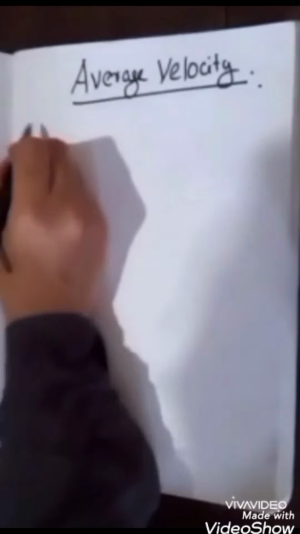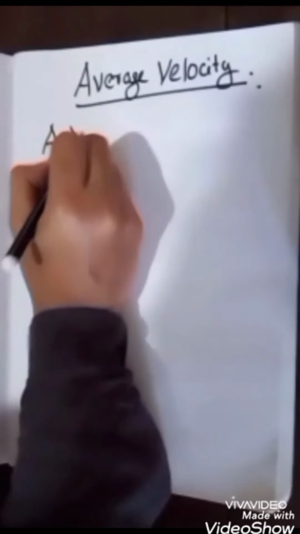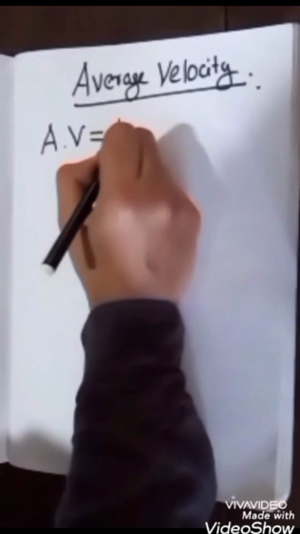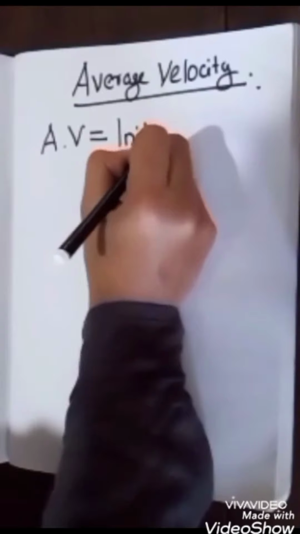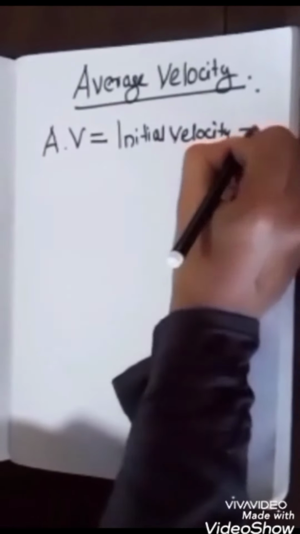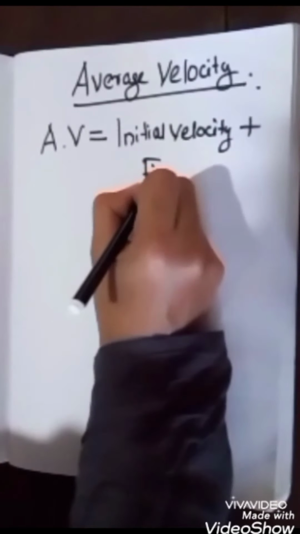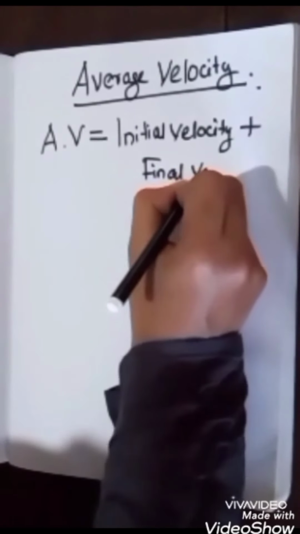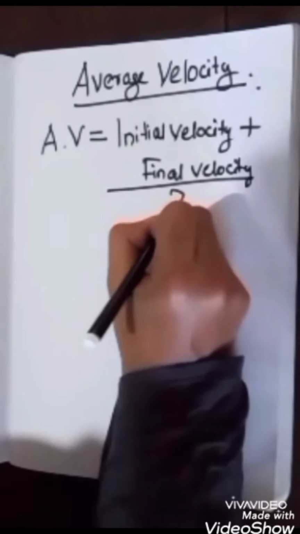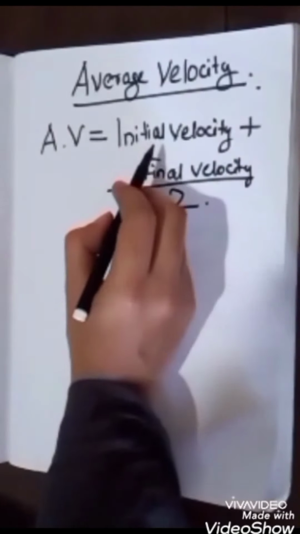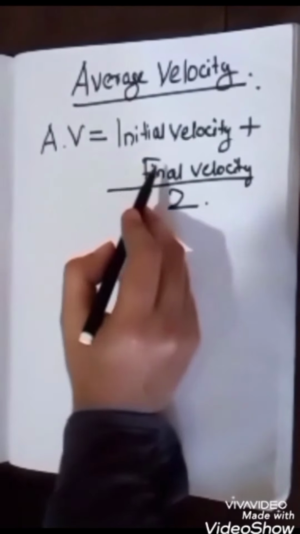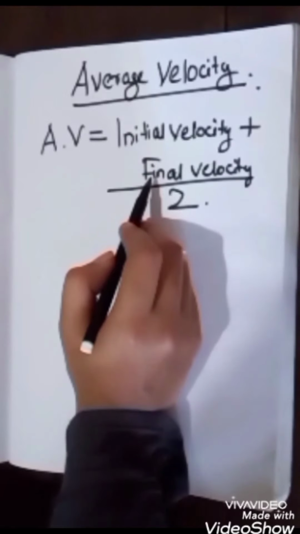Here average velocity is equal to initial velocity plus final velocity, all divided by 2. What do we mean by initial velocity, and what do we mean by final velocity?